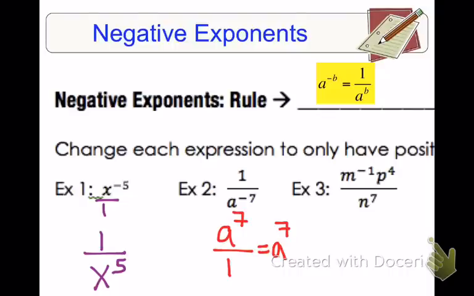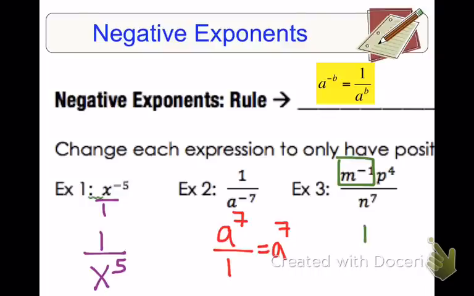Number 3, I have 3 variables. Only one of them is negative, this one right here. So I want to make sure I make that one into a positive power. So I'm just going to take this one, and I'm going to switch it from the numerator, and I'm going to move it down to make it positive into the denominator.